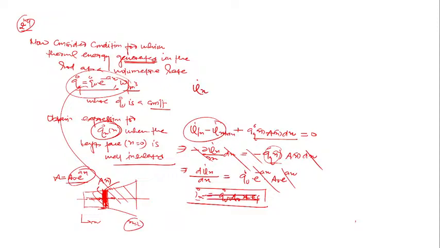So q dot x is equal to q naught A naught into x plus C1. This is how the rate of heat transfer is going to vary. And if you want to find the flux, then what should you do?